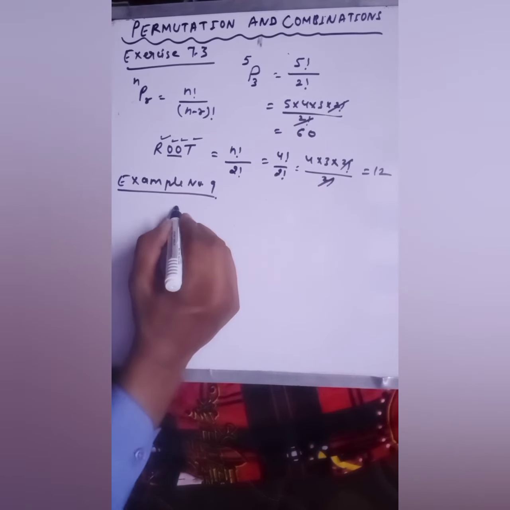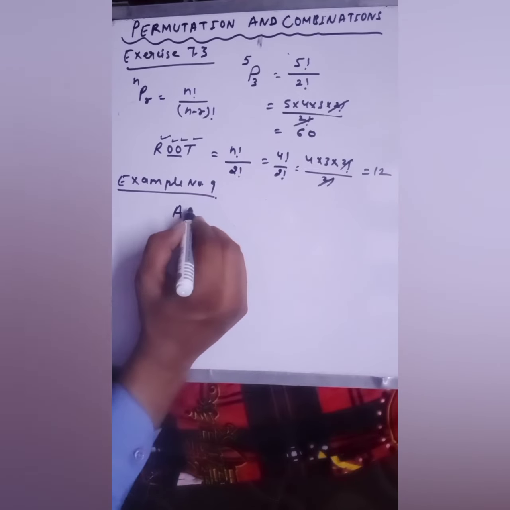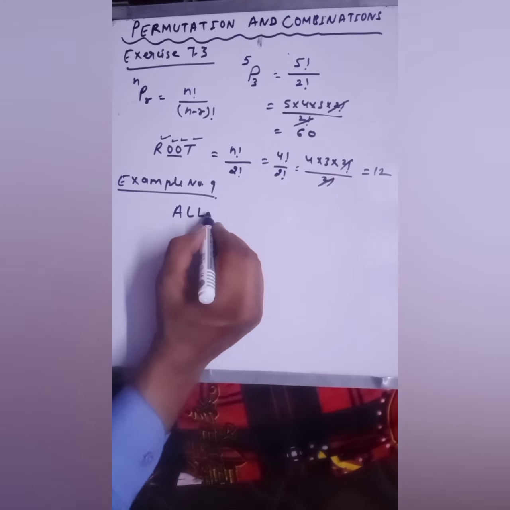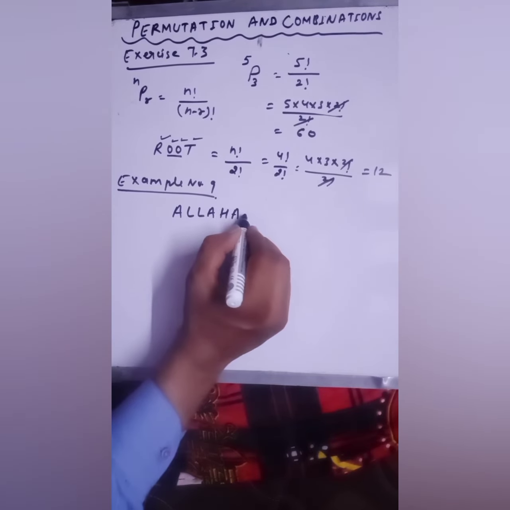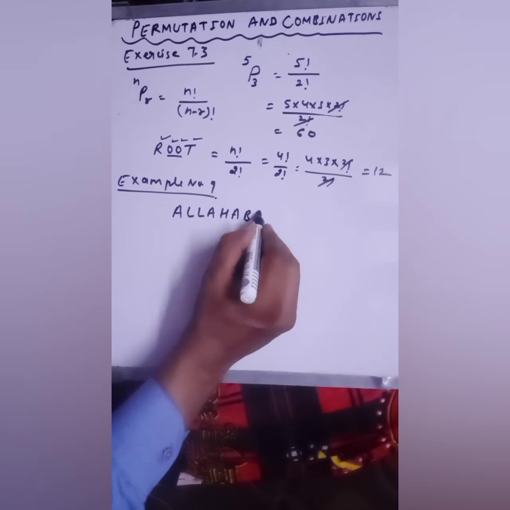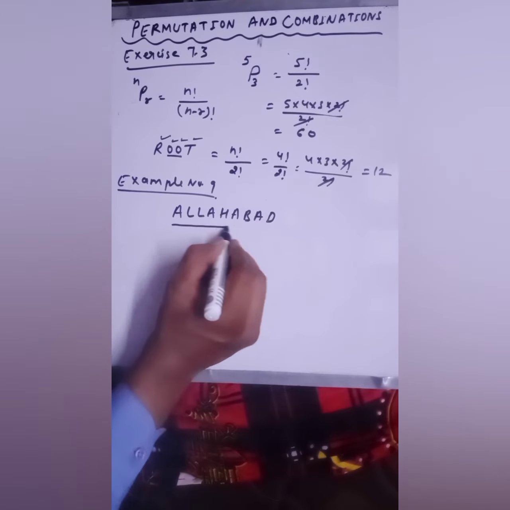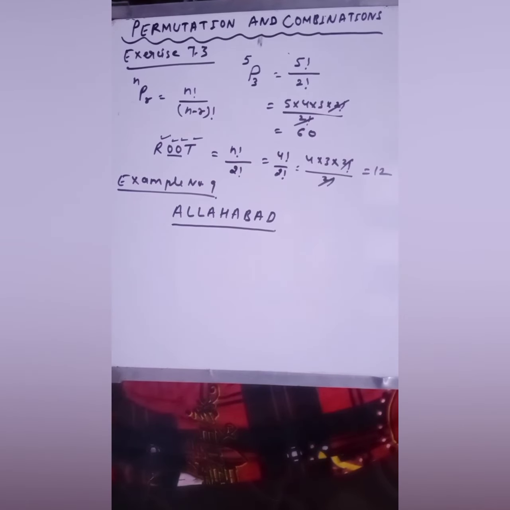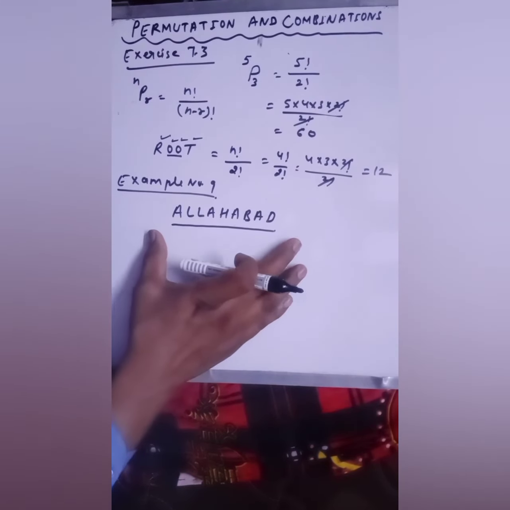The word Allahabad is given to you. The question is: find the number of permutations of the letters of the word Allahabad. So we have to find the number of arrangements of these letters.